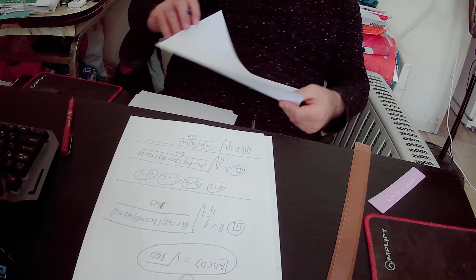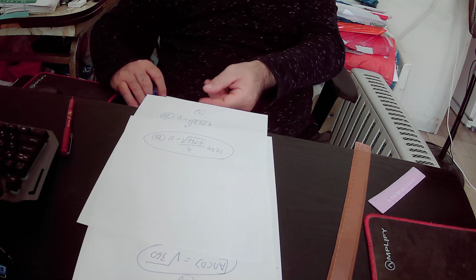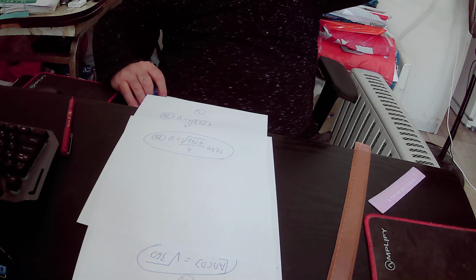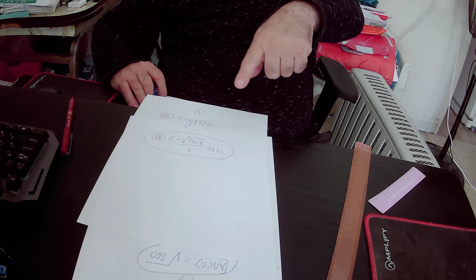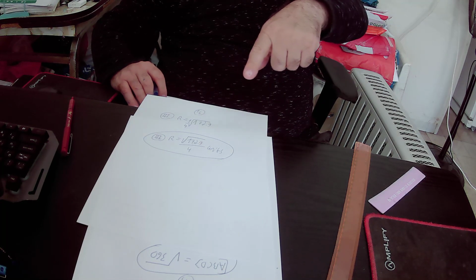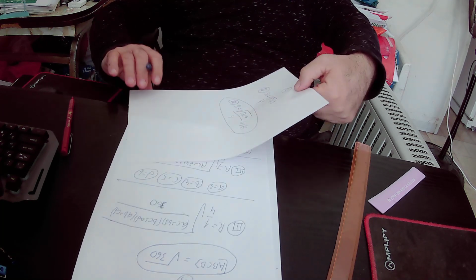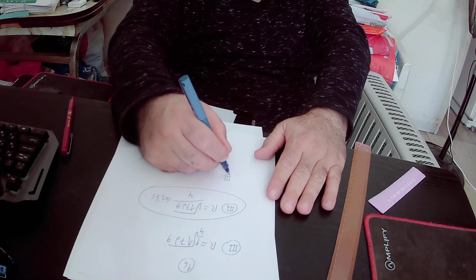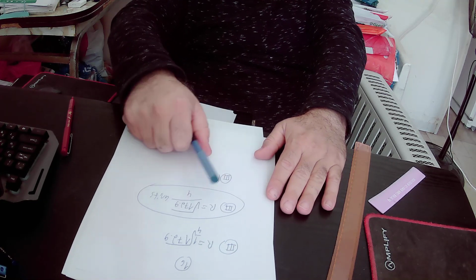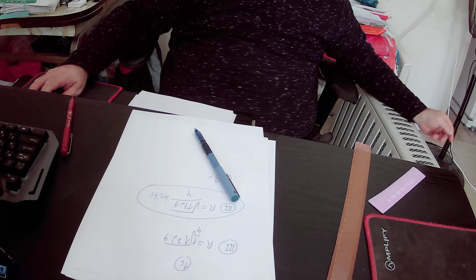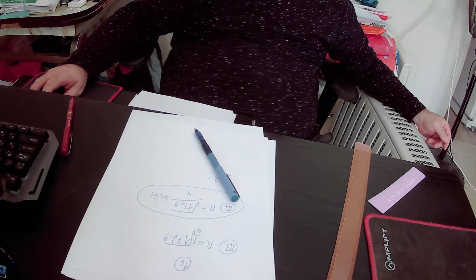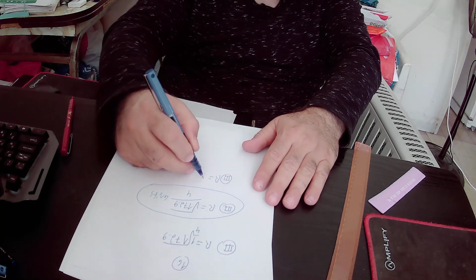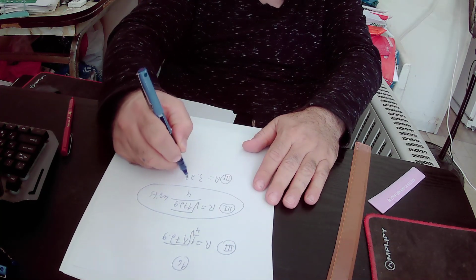I will repeat again: the radius of the circle equals the root of 172.9 over 4 units, or in terms of numbers, the radius of the circle will be equal to 3.287 units.